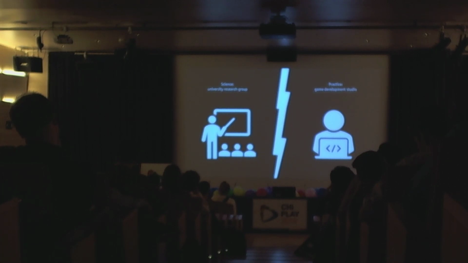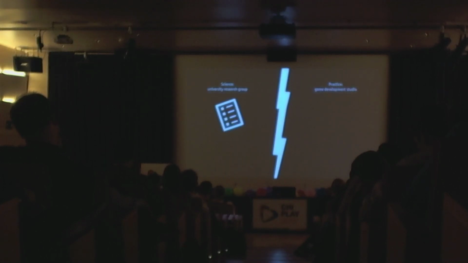So we talked about this topic with people from Ubisoft Düsseldorf, which is a game studio in Germany. And we particularly talked about the methods we are currently using when evaluating player experience. And we found some very interesting differences there. In our research group, we heavily rely on questionnaires when doing user studies.